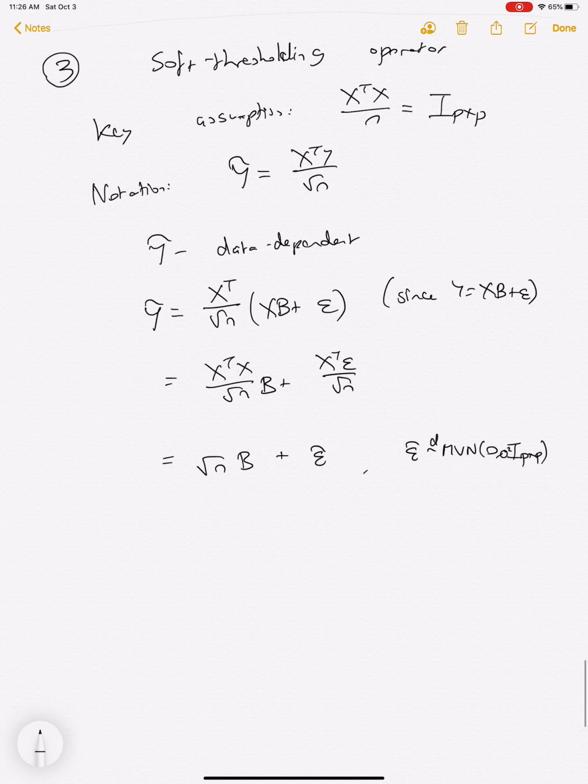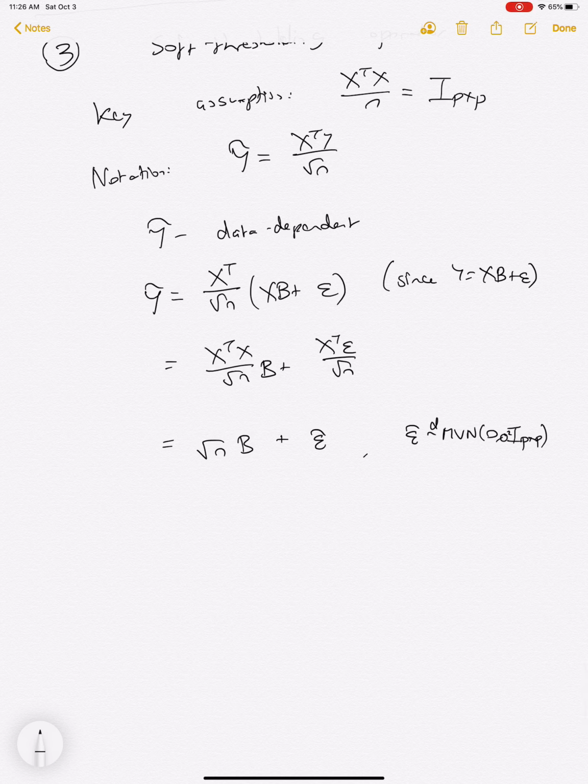And the reason for that is, using what we already know, the covariance is sigma squared times X transpose X over n, and we know that X transpose X over n equals the identity.